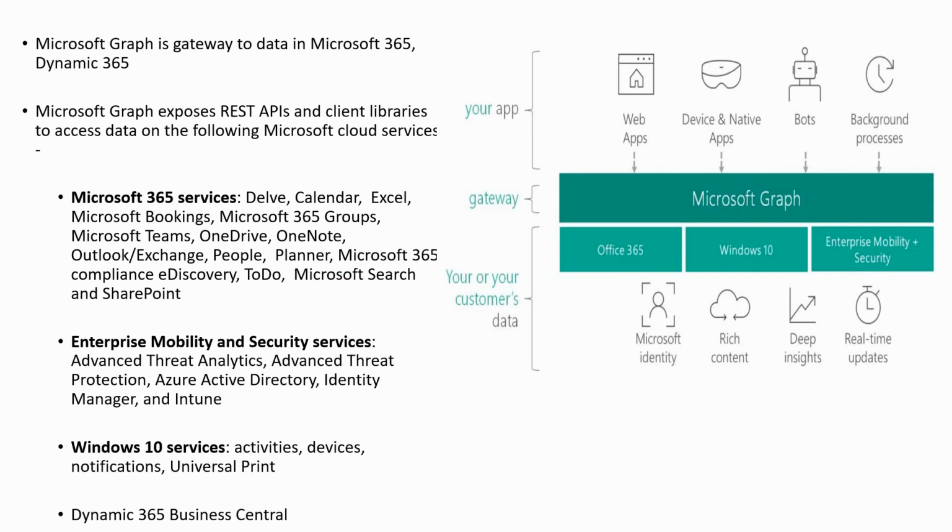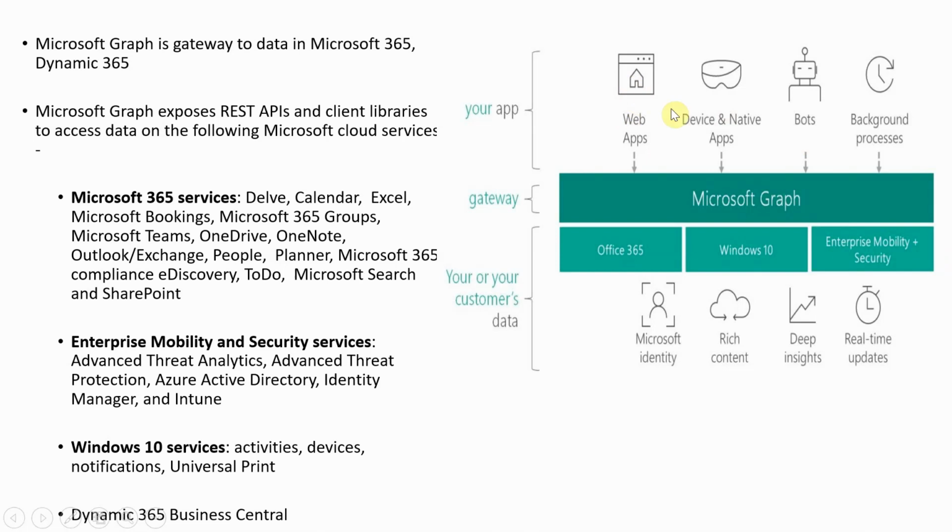Now, if you see the picture, it's not only related to Office 365 or Microsoft 365, but also Windows 10 and Enterprise Mobility plus Security. This is the framework. Microsoft Graph API is a gateway to access the data from all these services in the Microsoft 365 cloud.